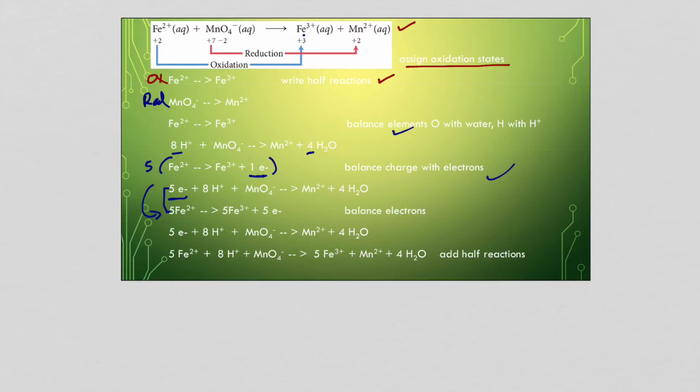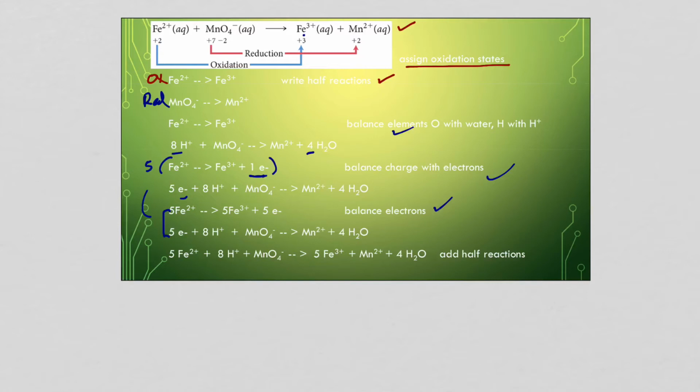So now we're going to take our two balanced half reactions and put them back together. So we're going to add up our two equations. So here are our two final half reactions. We're going to add these together.